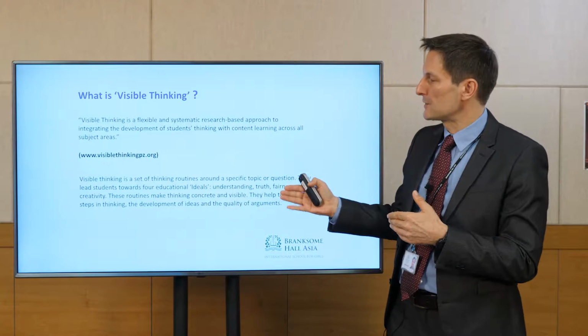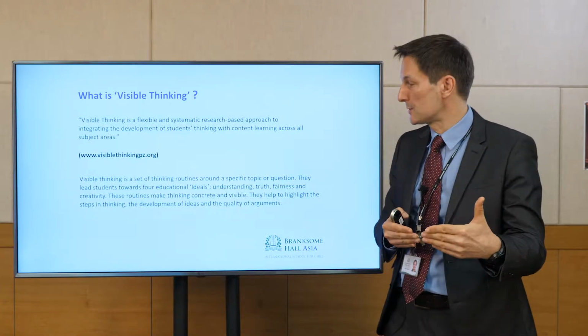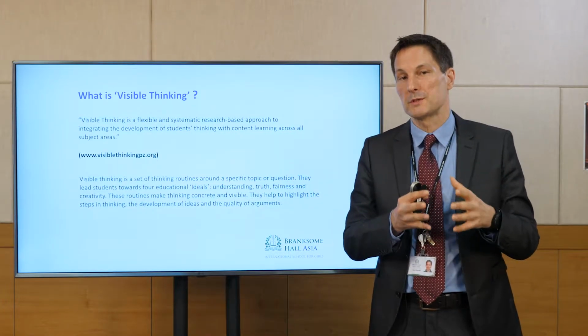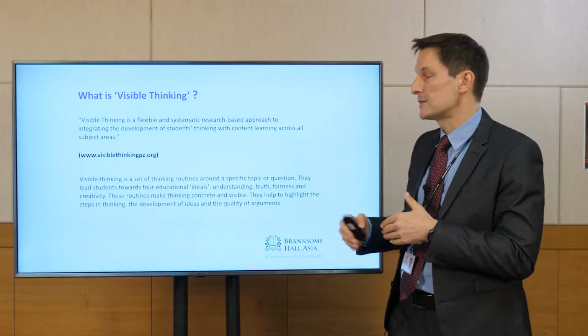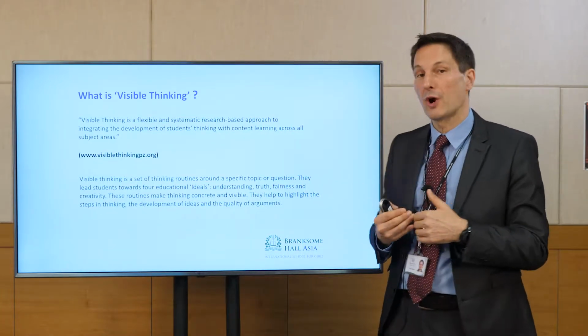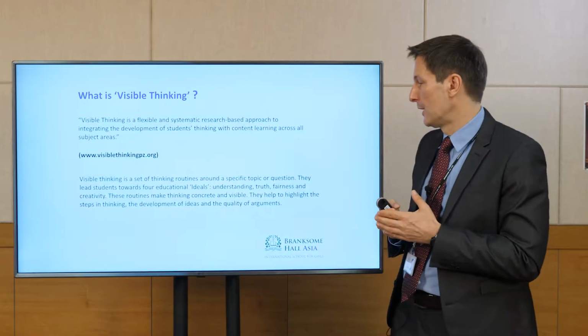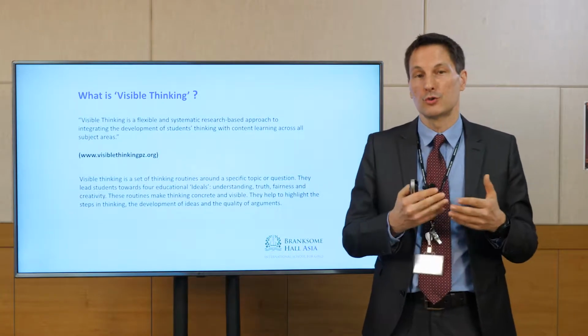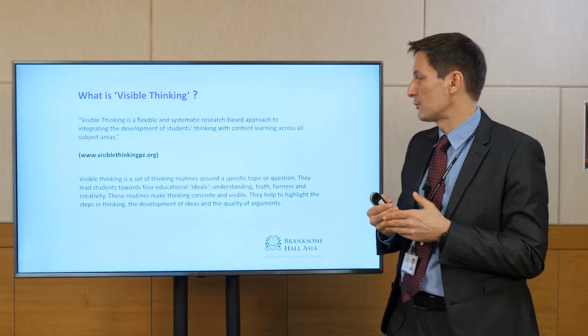So visible thinking is a set of thinking routines around a specific topic or a specific question. And what it does is it leads students towards four identical ideals, which are understanding, truth, fairness, and creativity.